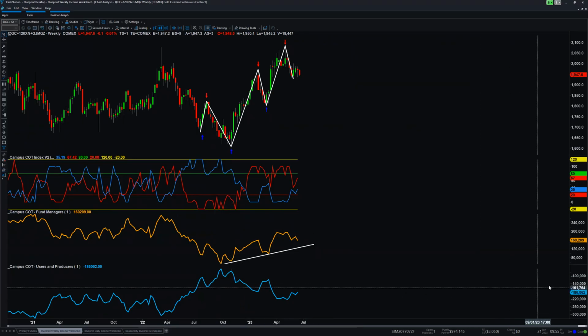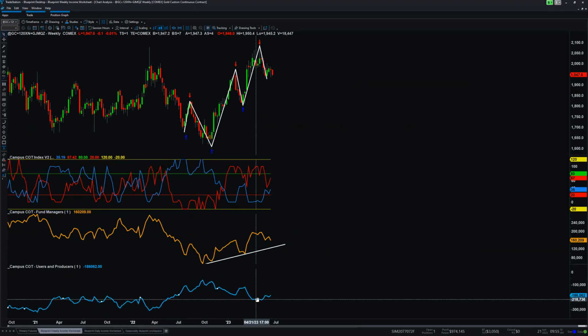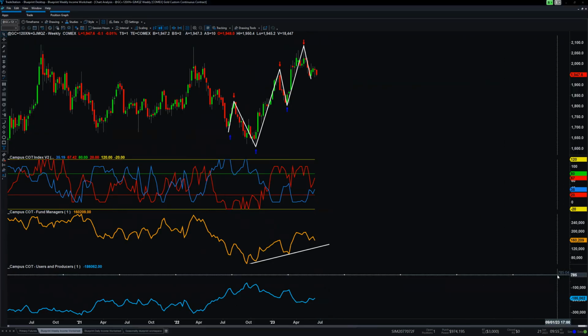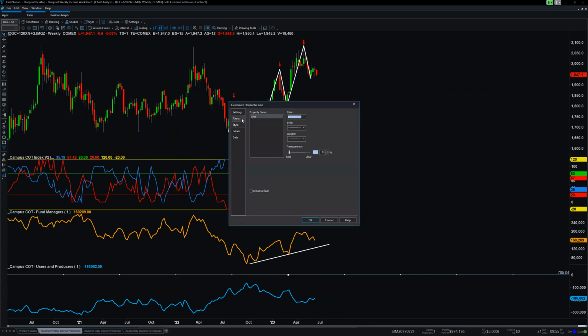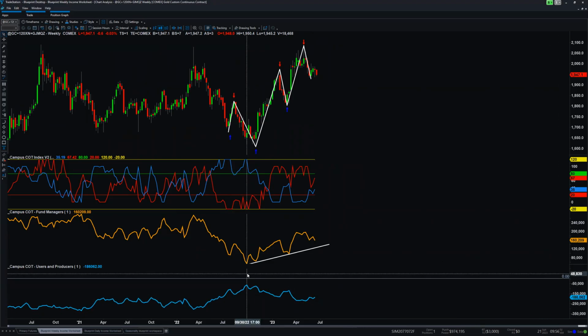and the net long, remember, based on the nets, is going to be whenever the exposure goes above the zero line here. So if the commercials' exposure goes above the zero line, they're net long.